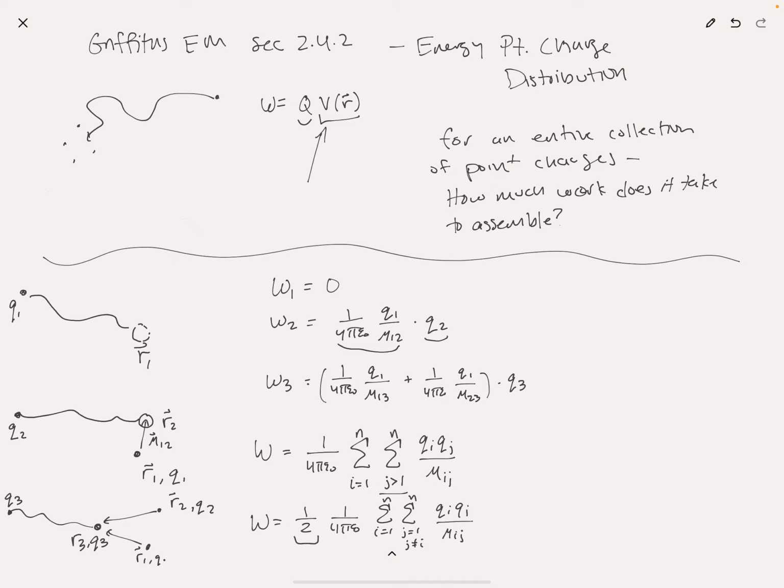This qi doesn't depend on the second sum, so I can bring it out. 1/2, 1 over 4 pi epsilon naught, sum i equals 1 to n of qi, sum j equals 1, j not equal to i, of qj over rij.